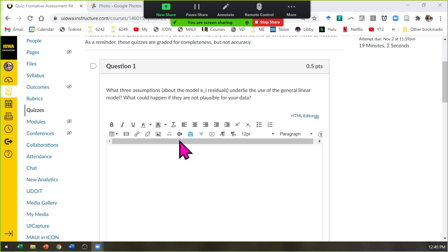It's the standard errors that are messed up. So when any of these assumptions are violated with respect to the residuals, the problem comes within the standard errors. And if your standard errors are messed up, your p-values are messed up. So it's the inferences from the model that are potentially problematic if the residuals don't follow the rules that they're supposed to. Just keep that in the back of your head.